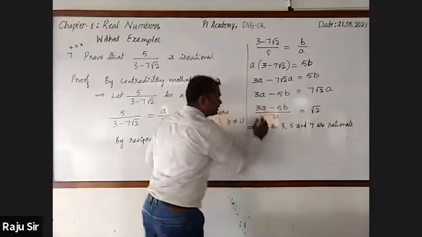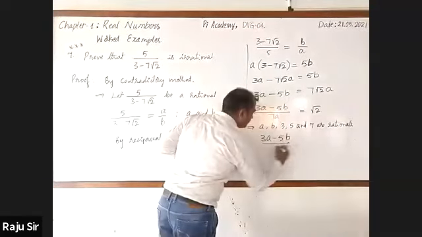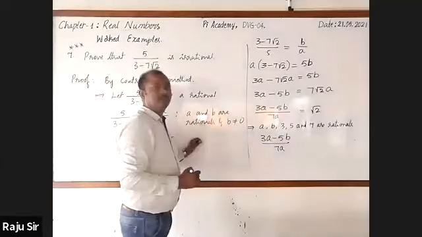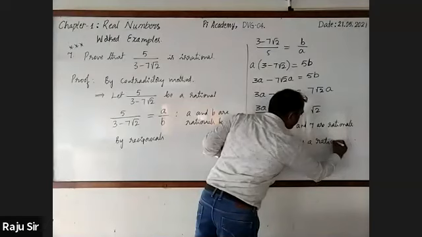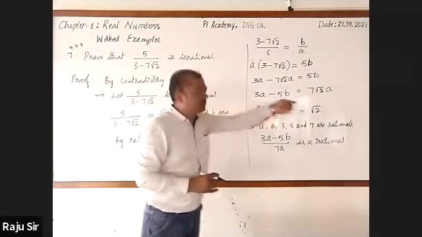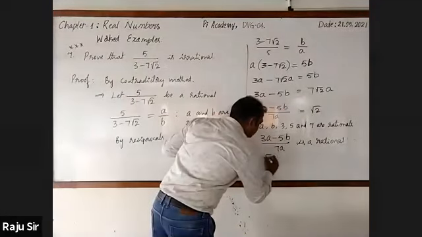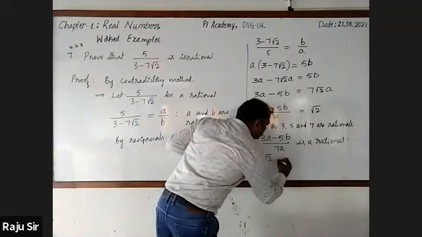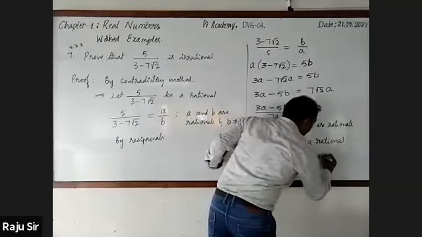As they are rationals, (3a minus 5b) by 7 is a rational. As this is equal to root 2, root 2 will also be a rational.